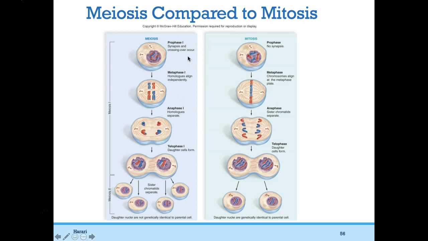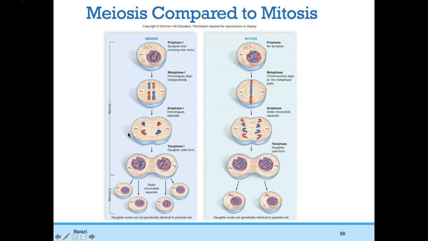So in meiosis, we have crossing over and synapsis. It doesn't happen in mitosis. In Metaphase I, the homologs align independently. In metaphase of mitosis, they just go one on top of each other, like that. So you would have 46 of these in humans.